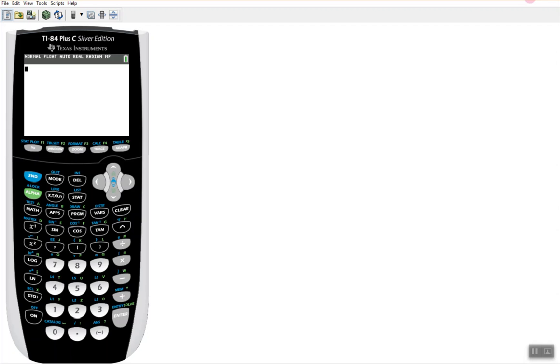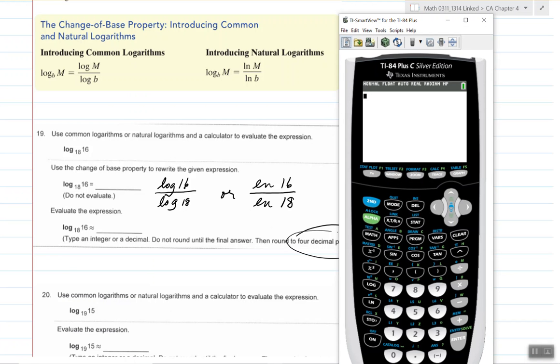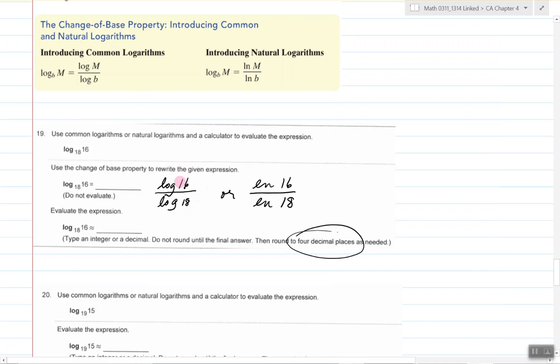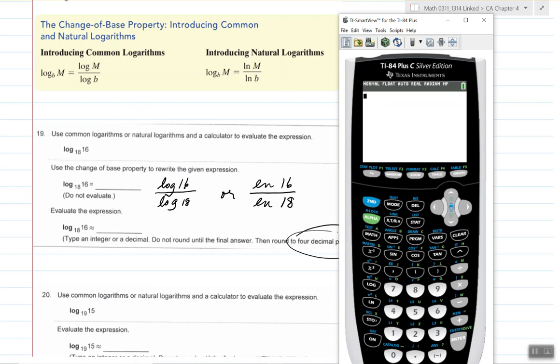If I do it this way, I have the log of 16, close parentheses, divided by the log of 18, close the parentheses. All right, and we want to round this to 4 decimal places. This is 0.9592 and it stays a 2.